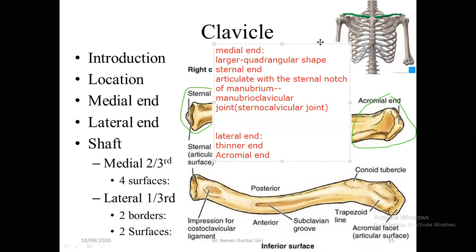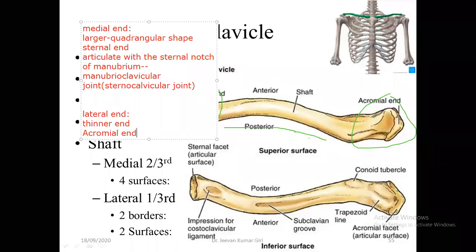Why acromial end? This lateral end articulates with the acromial process of the scapula. So to make the joint here, this is the acromial end. Comparatively it is thinner.